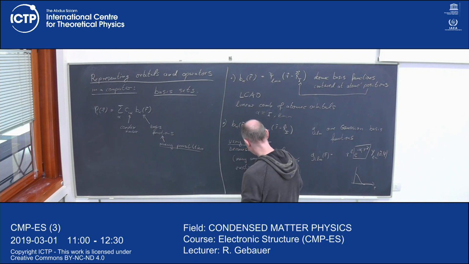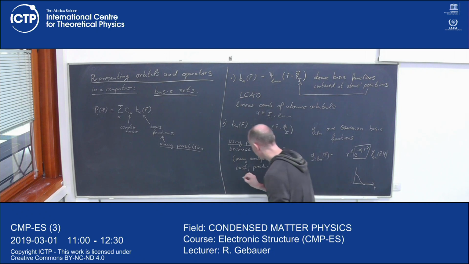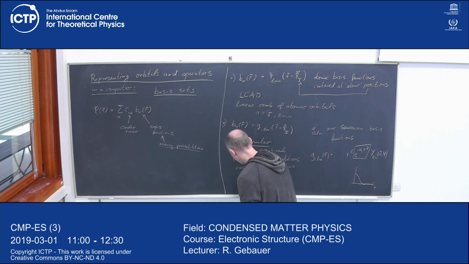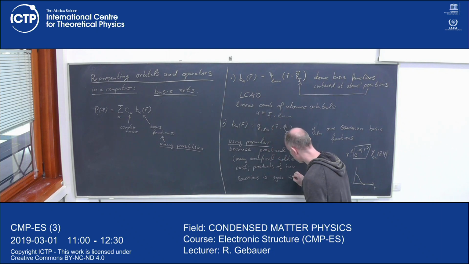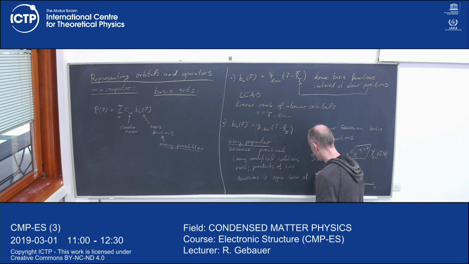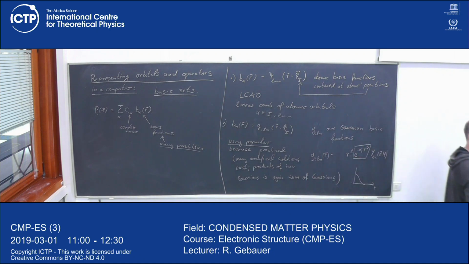Also linked to this is the fact that the product of 2 Gaussians is again a sum of Gaussians. So once you know how to handle Gaussians in the computer code, you can even handle their product, you can handle everything, and this makes them so popular.